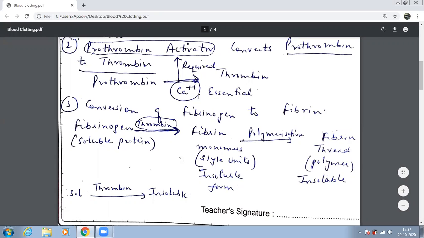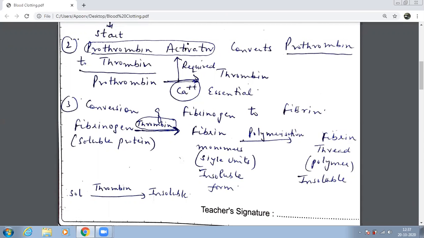So the main thing that we are doing in the third step is converting a soluble protein into an insoluble protein. If I have to represent my third step in an equation, I will represent it like this. Soluble protein to insoluble protein, with the help of whose presence is needed over here? Thrombin and calcium. And thrombin came from which step? The second step.